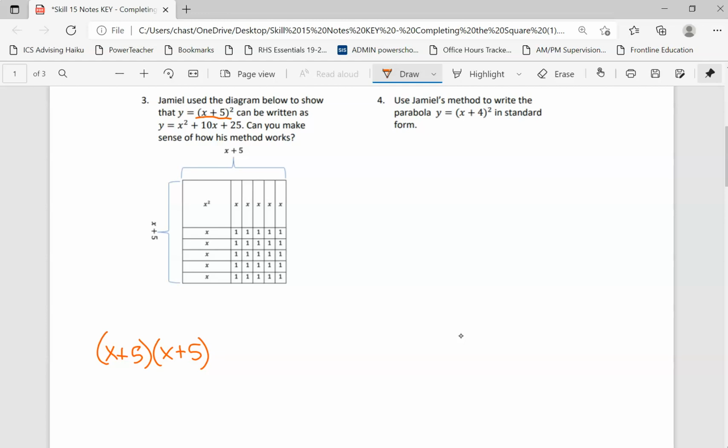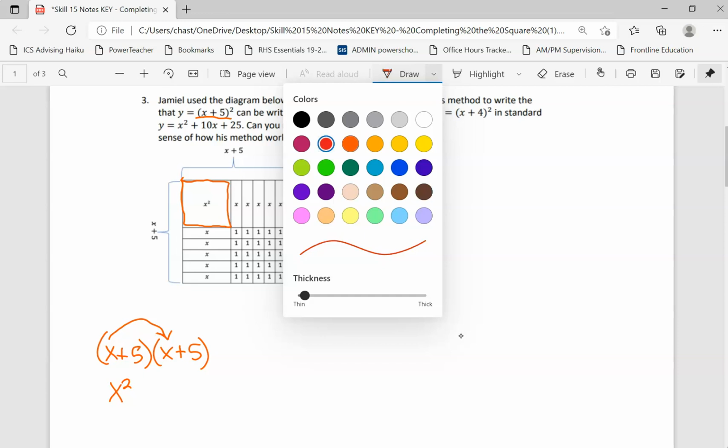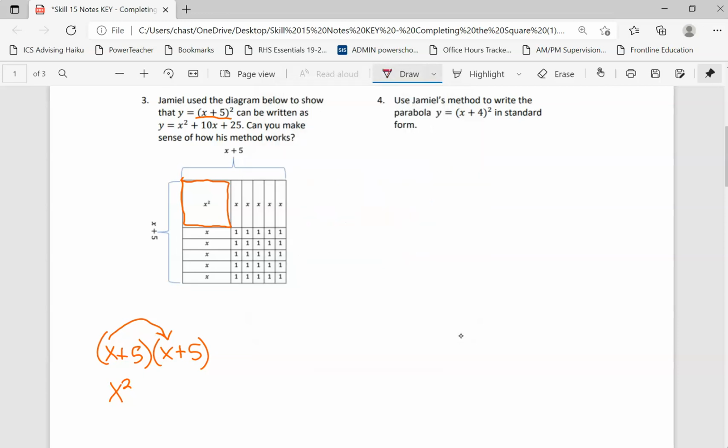And so when you multiply that out, x times x is x squared. That's represented by this big square here. Use a different color to illustrate the next part. Then we have x times 5, which we know is 5x. That's going to be these 5 rectangles here.